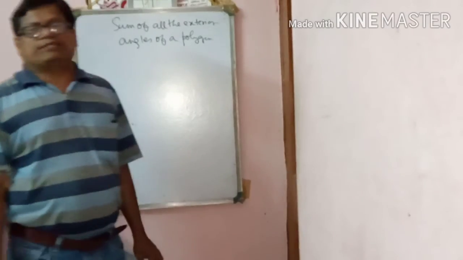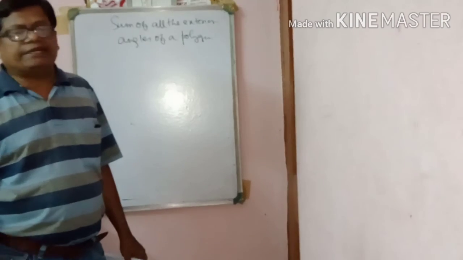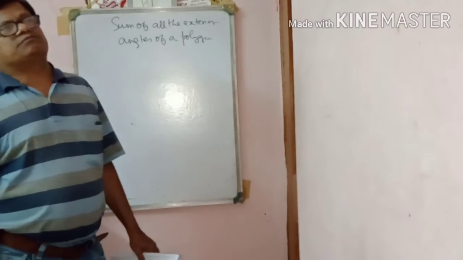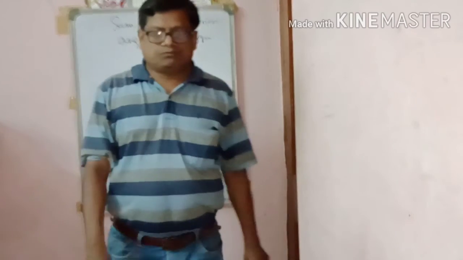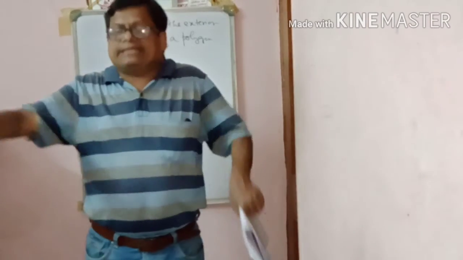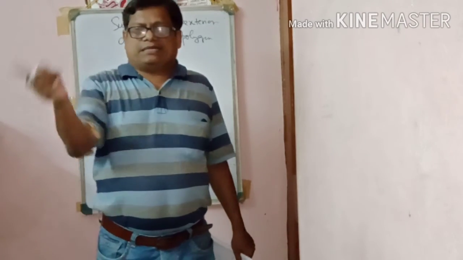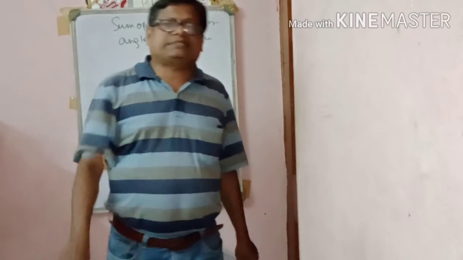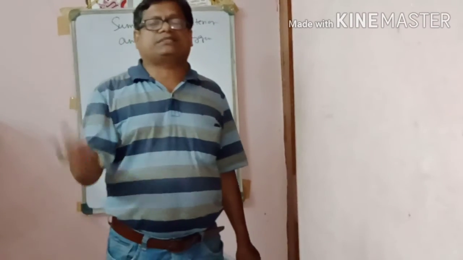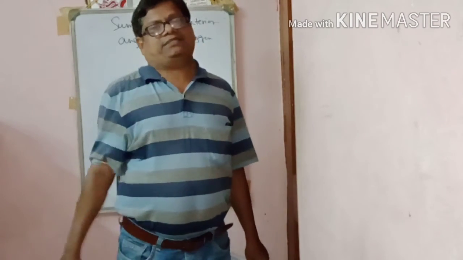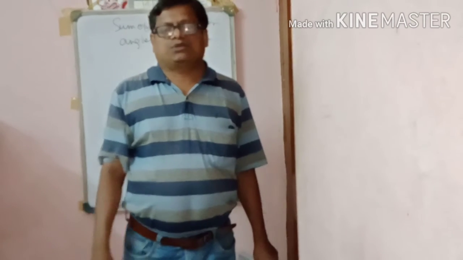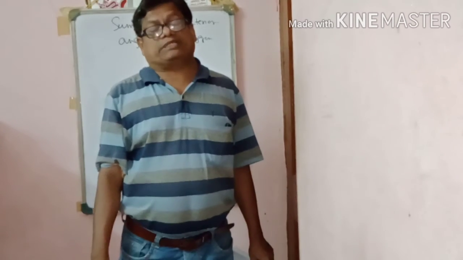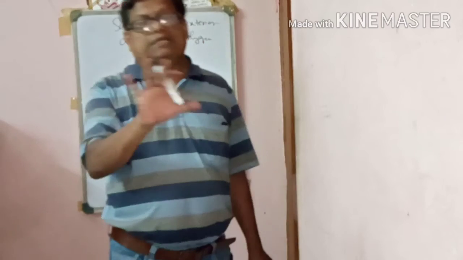The answer will be 360 degree, already discussed in the previous class. Suppose in a triangle, if we extend all the sides, then the sum of the exterior angles is 360 degree. All of you remember.